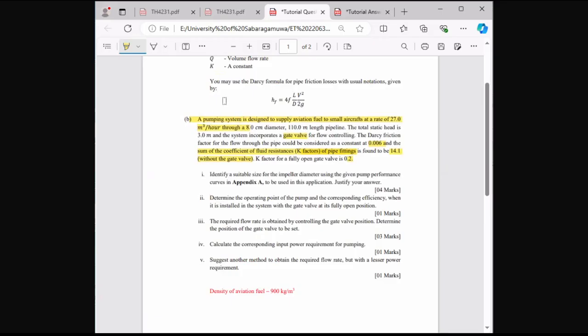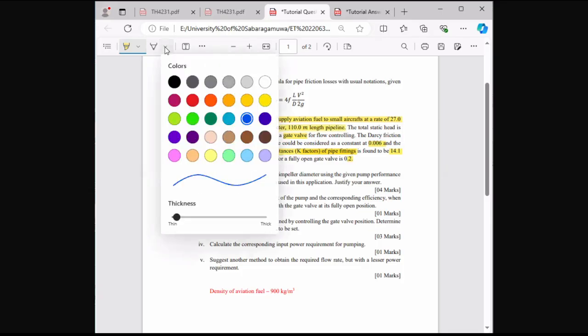We need to design this system considering a flow rate of 27 cubic meter per hour through an 8 centimeter diameter pipe. System requirement is 27 cubic meter per hour.